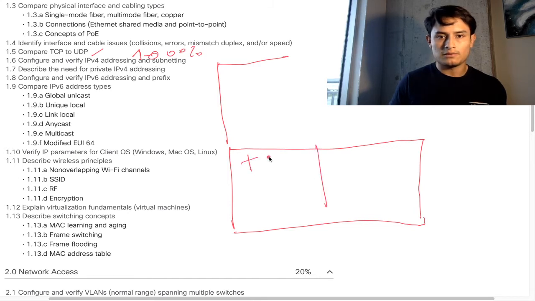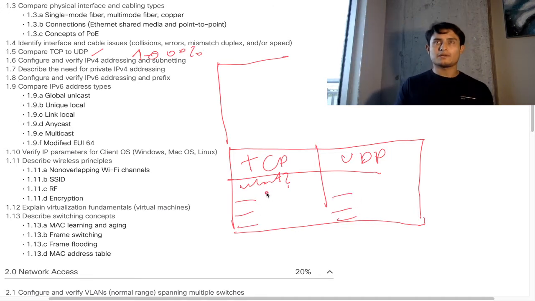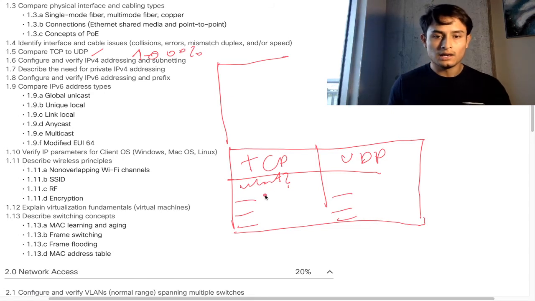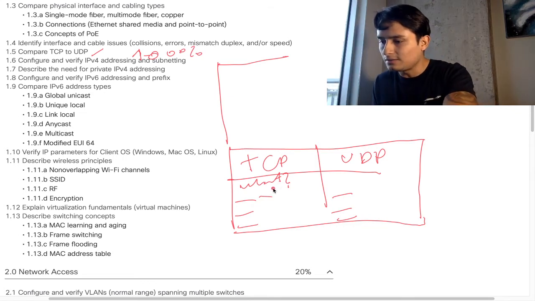So here you're gonna make a table. You're gonna put here TCP, UDP. You need to tell me what TCP is, and what some protocols are that TCP uses. So you're gonna make a list. For example, for TCP, let's see if I remember. Well, you just gotta make the list. Right now, it's hard for me to recall. I actually have it in my notes here.